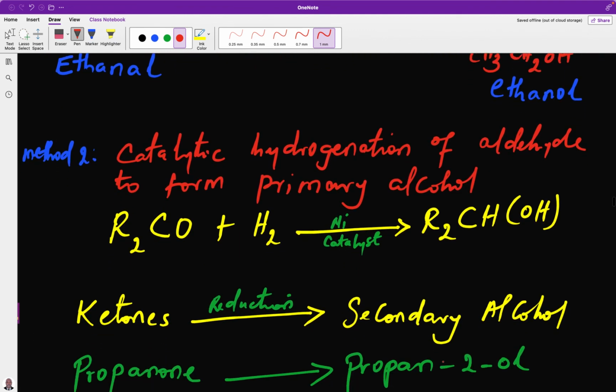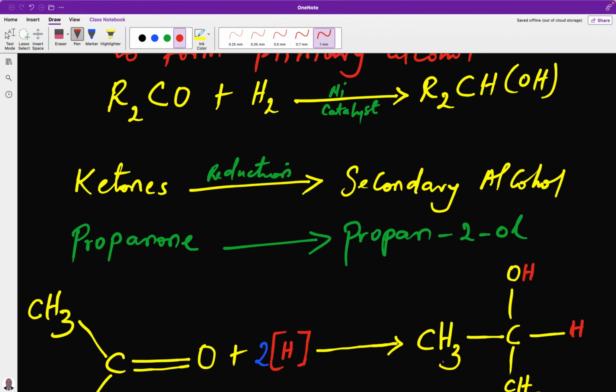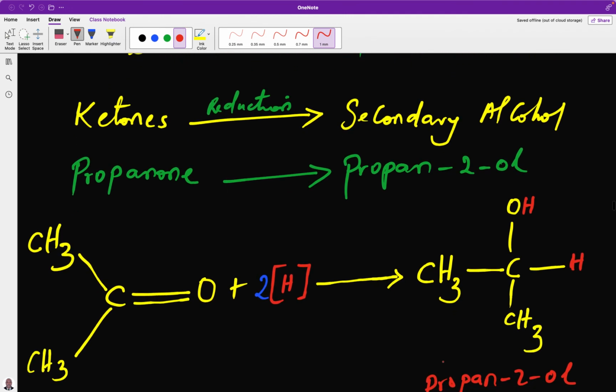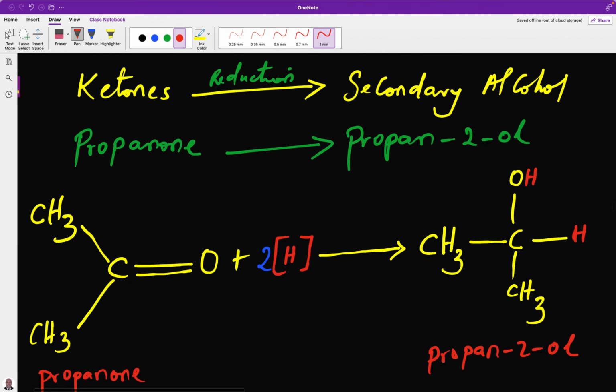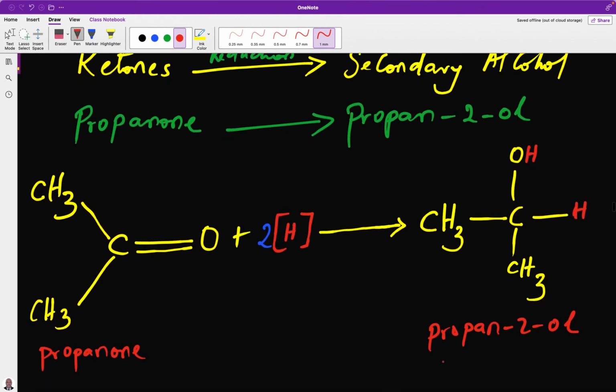Then we went further to how ketones could be reduced to secondary alcohol. Our example for ketone is propanone. Propanone can be reduced to propan-2-ol using the same reducing reagent, which is either lithium tetrahydroaluminate or sodium tetrahydroborate.